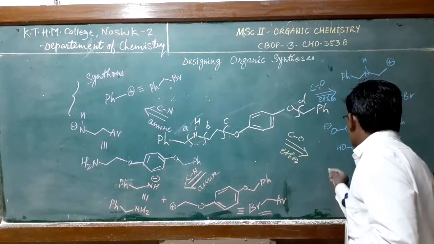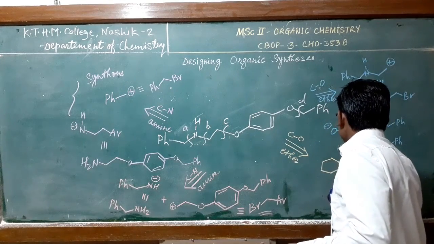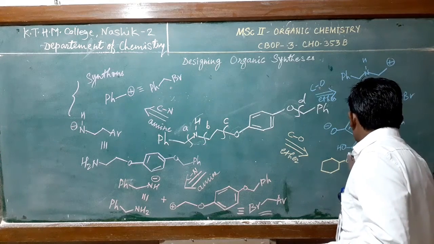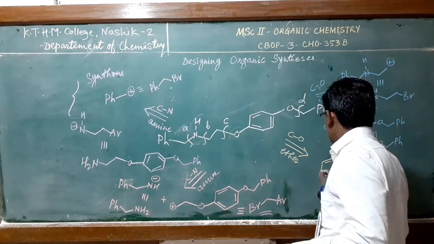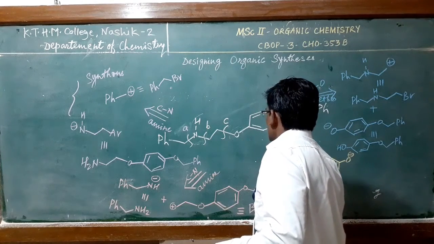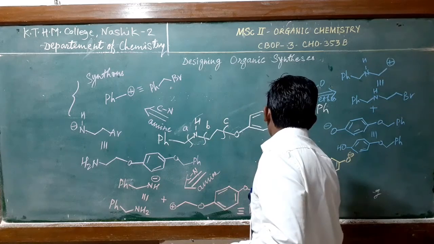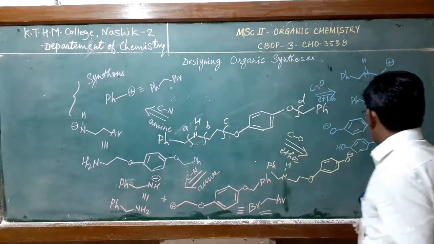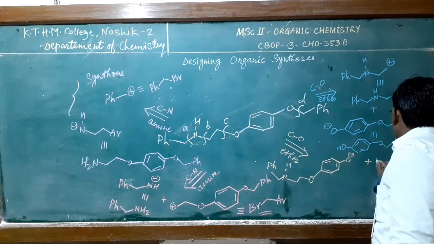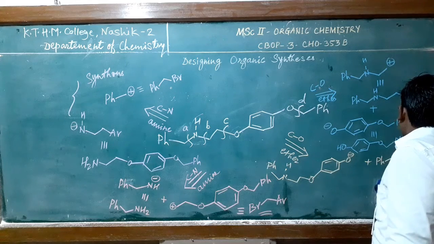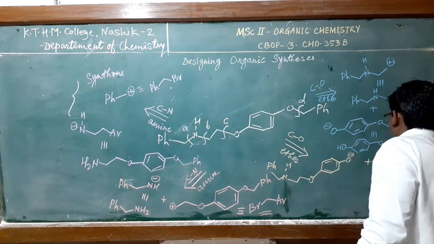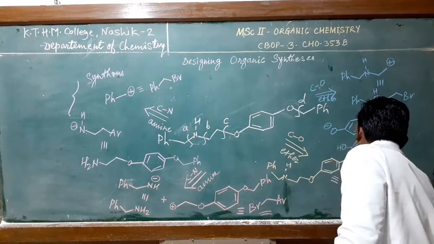Okay, so we should write CO ether once again. So you will have this phenoxide, this will have negative charge, and this benzyl cation, so it will correspond to its benzyl bromide, and this will correspond to its phenol.